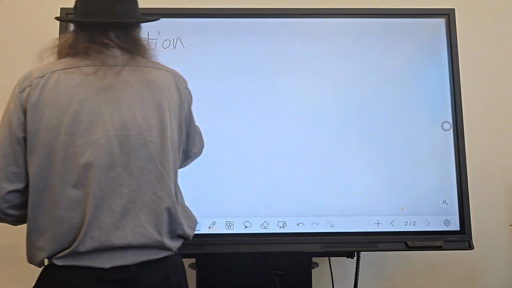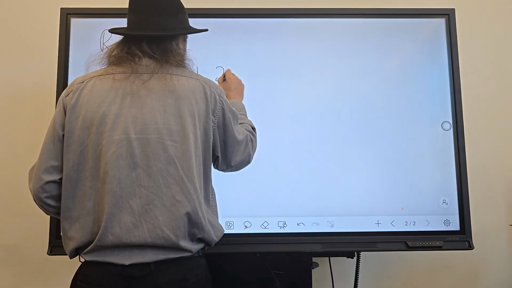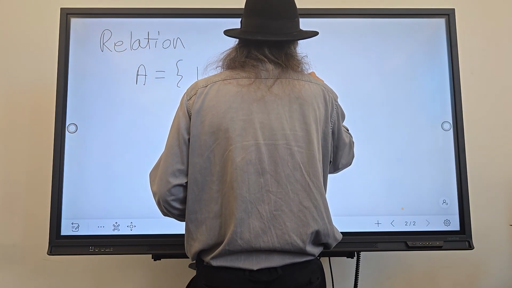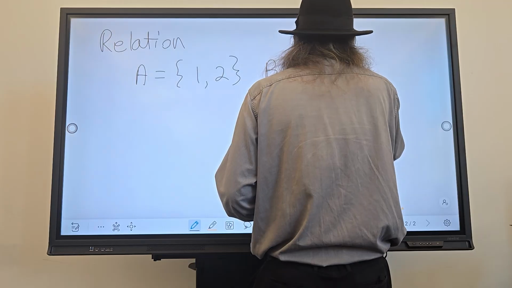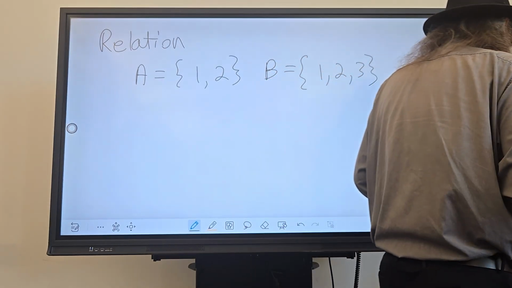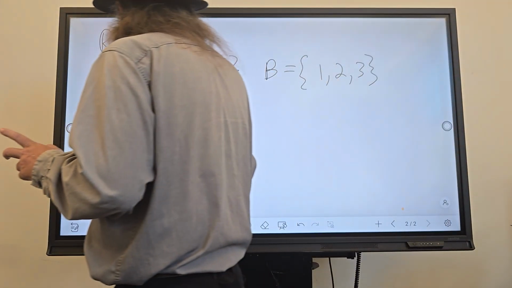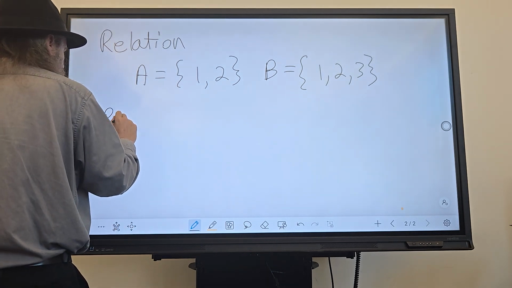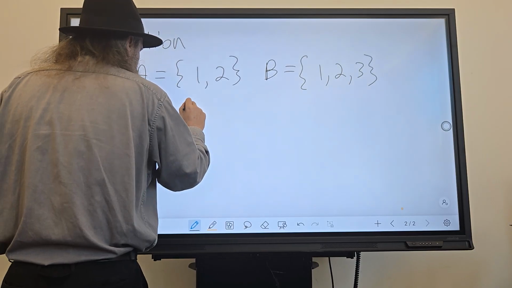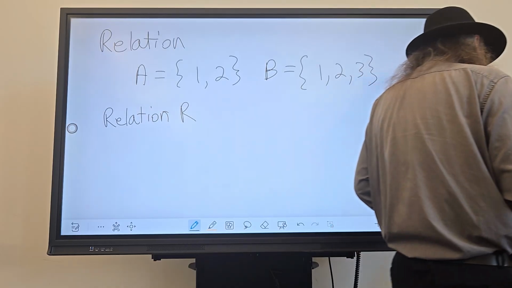Okay, let A be equal to {1, 2}, and B equal to {1, 2, 3}. Okay. Define the relation R.